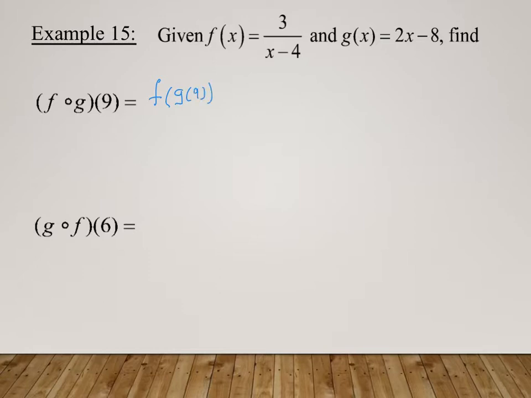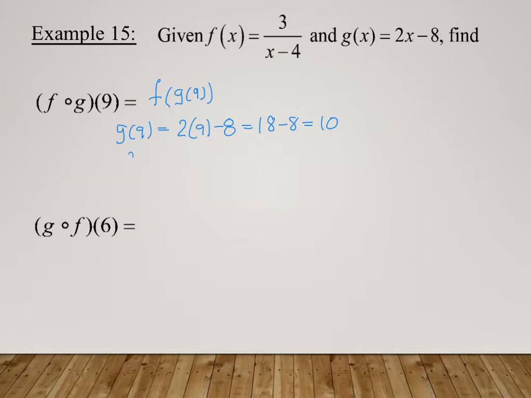So the first process is do g of 9, and in this case it's going to be 2 times 9 minus 8, and this is what, 18 minus 8, which is 10.